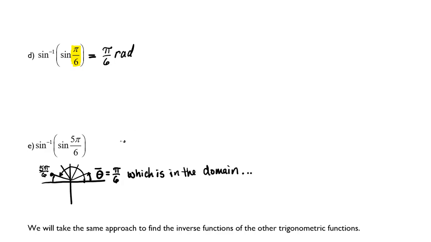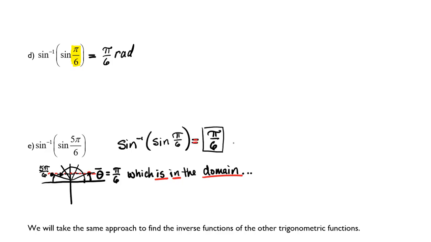So we can say sine inverse of sine of pi/6 is equivalent in height to 5 pi/6, but now it is in the domain. See how I'm referencing the height of 5 pi/6 to define the reference angle's height at pi/6, which is in the domain, and we are able to then calculate that the angle we're finding is pi/6.